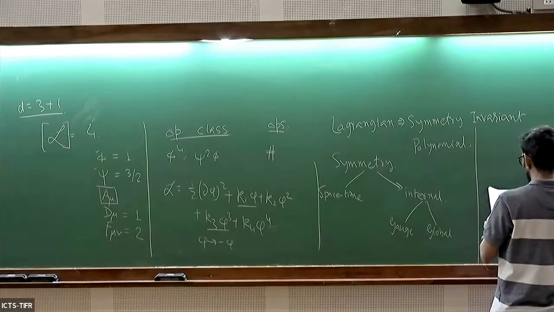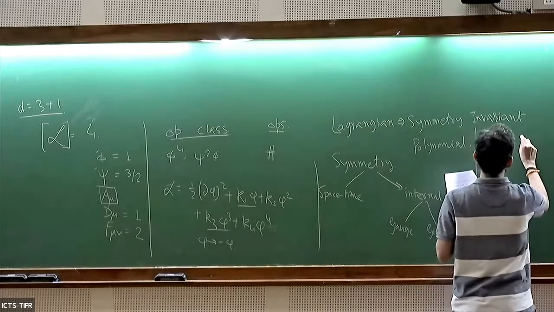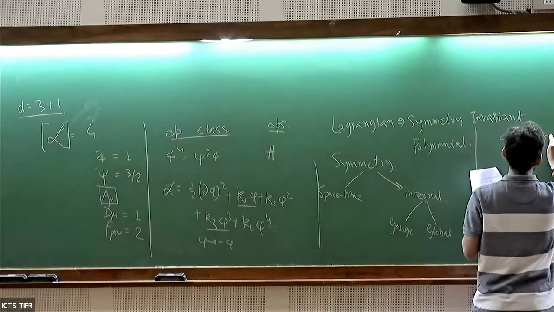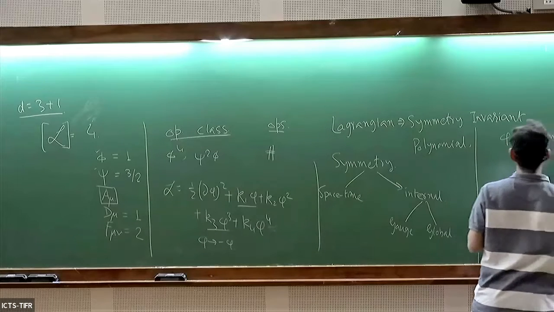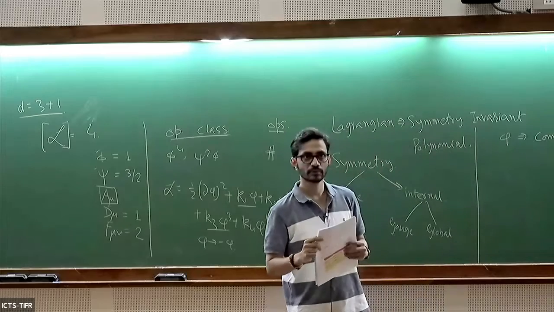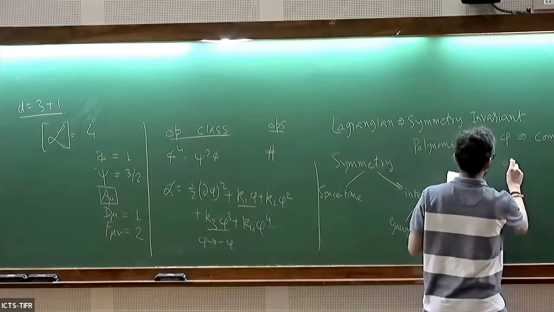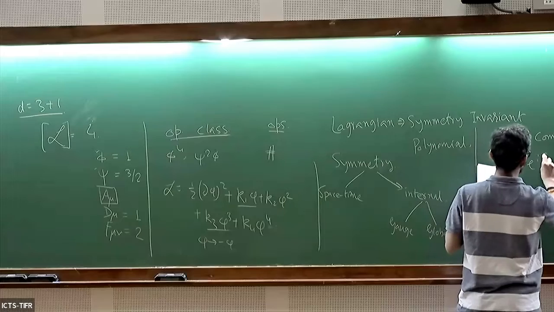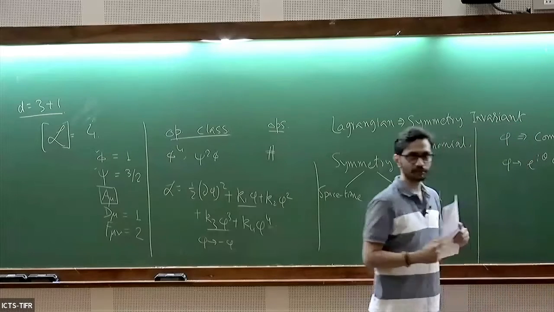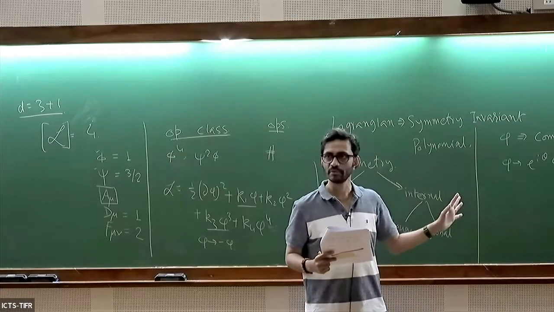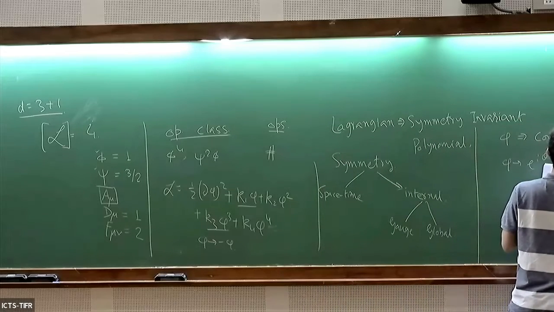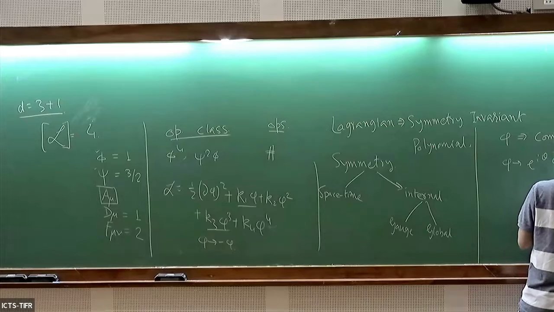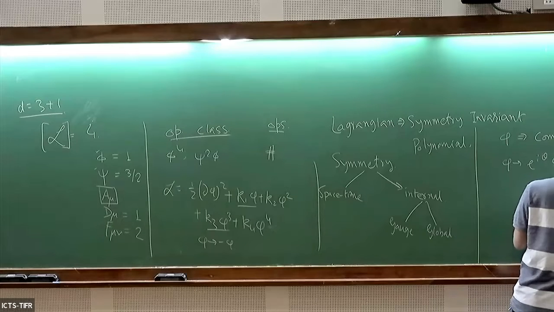So let's start with one more example where phi is a complex scalar, transforming as phi going to e to the power i theta phi, and theta is a global parameter, there is no space-time dependency. So the conjugate of phi transforms as this.